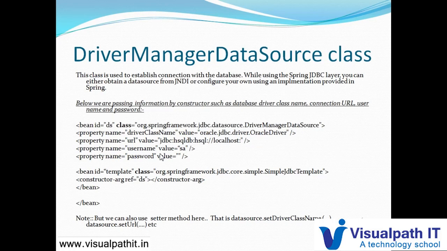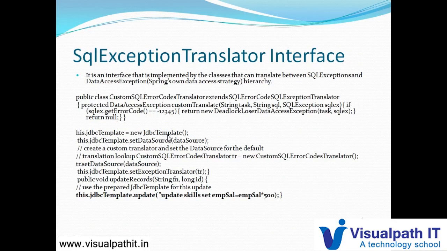All these are invoked to establish the connection with the DB. So as soon as we see the username, password, URL and driver class name, it means we are establishing the connection with the DB.